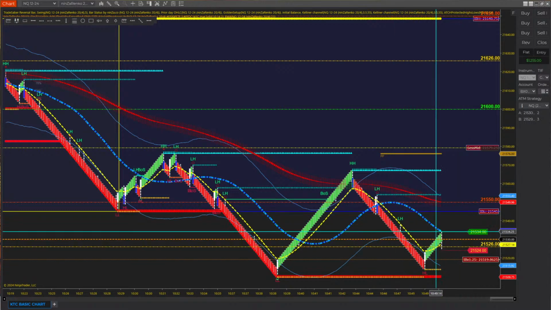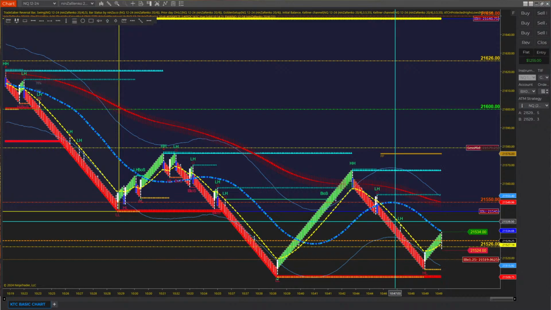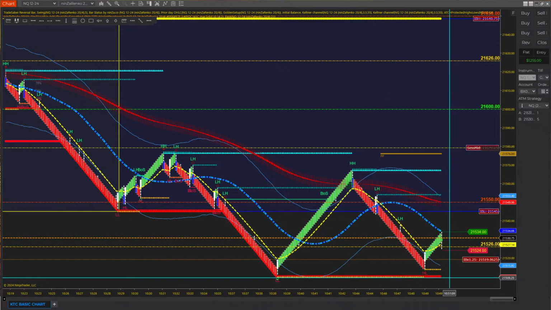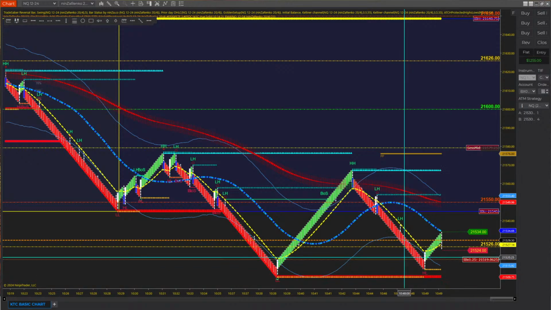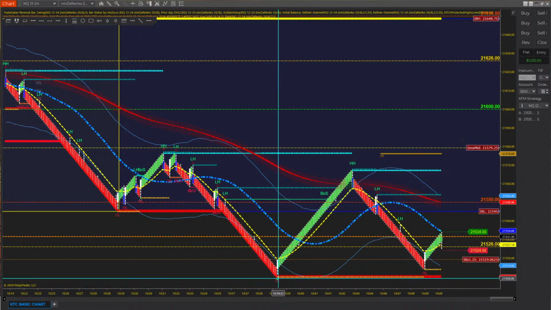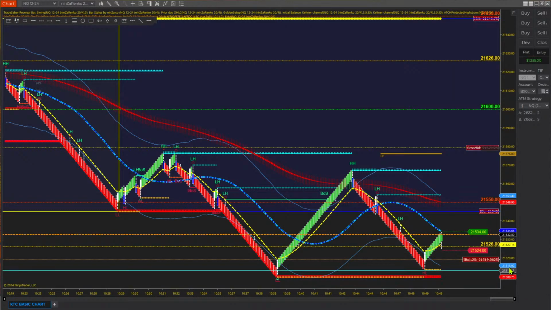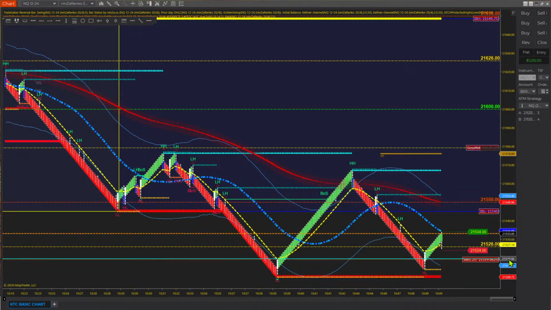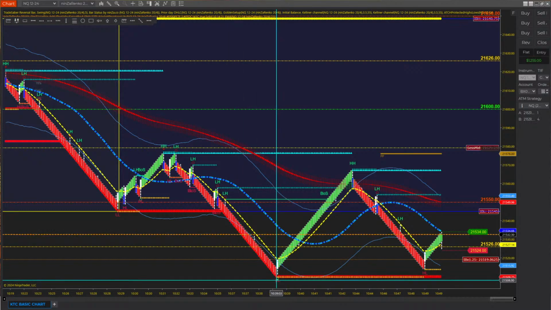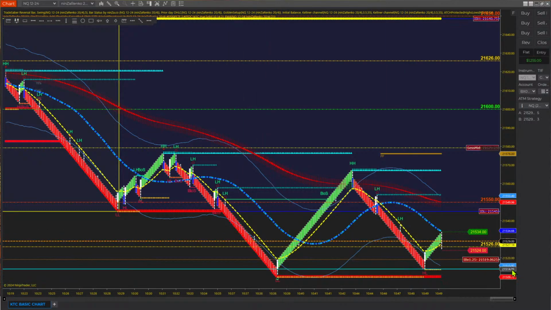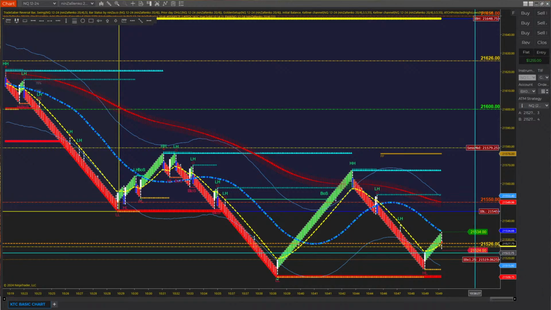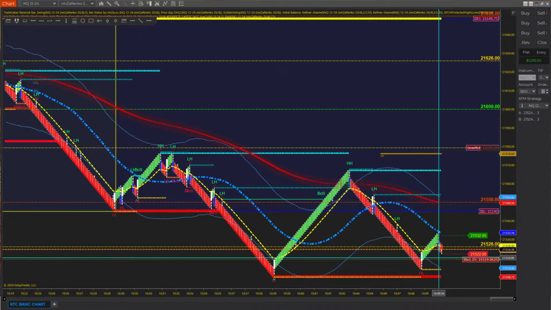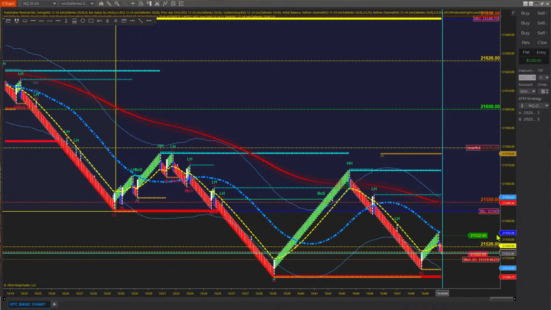Now we get a lower high. If it reverses here to the downside, we get another lower high, which will produce most likely what? Another lower low. The reason this is a higher low is because it didn't knock out this lower low here. So technically this green is being protected to the upside. But you can see here it probably bounced off the three. There's a reversal. You've got to take it. You can here. Let me do that.